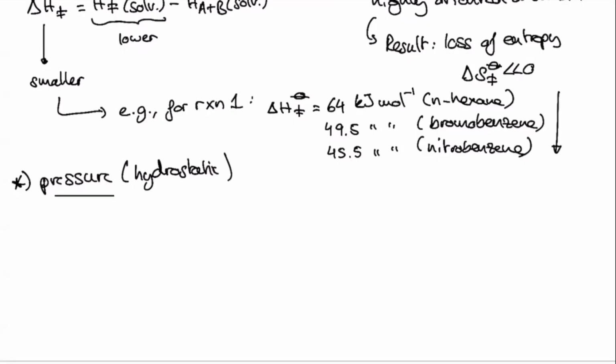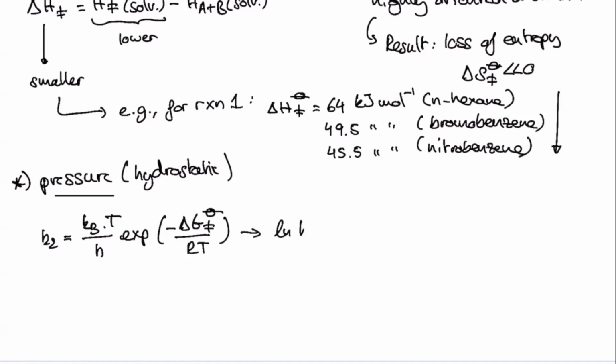So we start again from this rate constant from transition state theory. Okay, exponent minus delta G transition state not over RT. And we'll just take the ln of that whole equation.